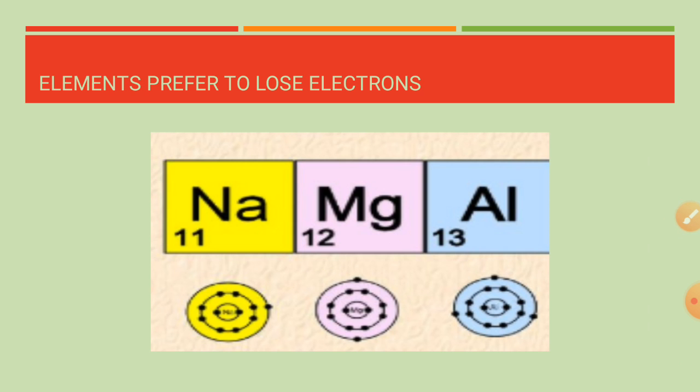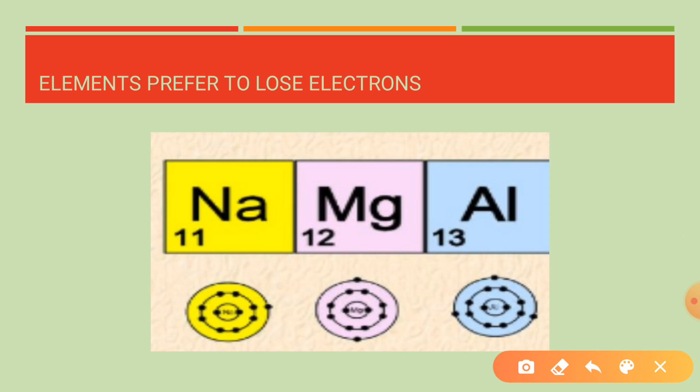Which elements prefer to lose electrons to get stability? Sodium, magnesium, aluminium. As you can see, the innermost shell accommodates 2 electrons, so its duplet is complete. The next level has 8 electrons, and the outermost only has 1 electron.